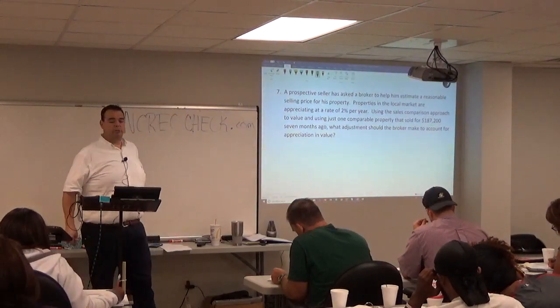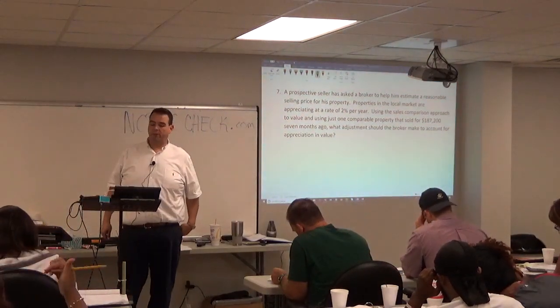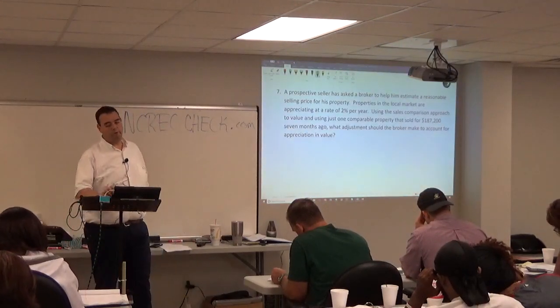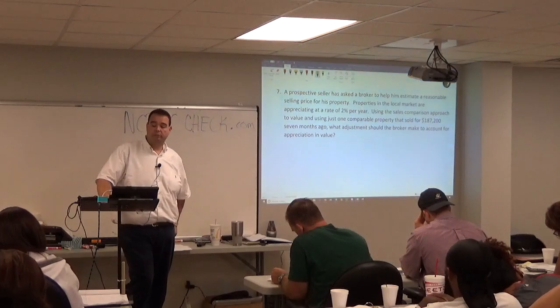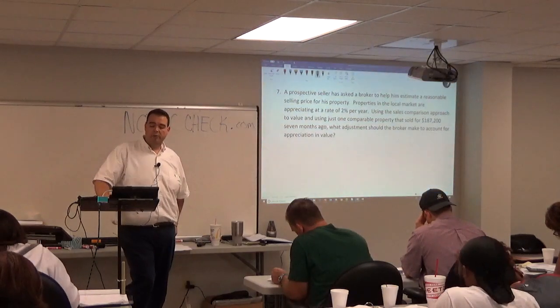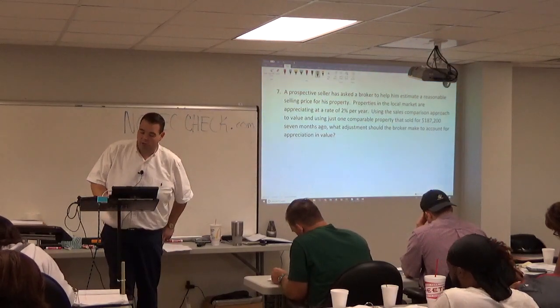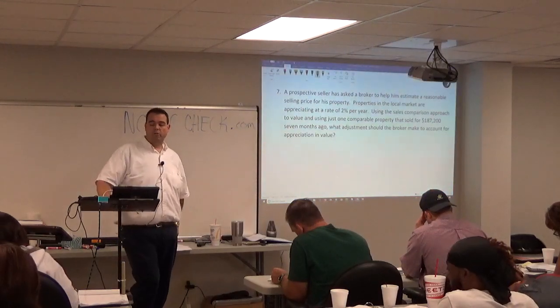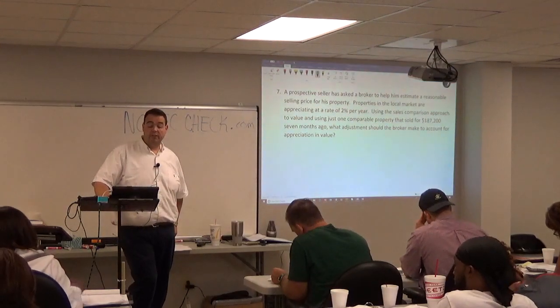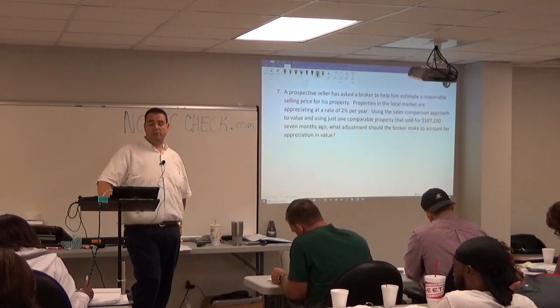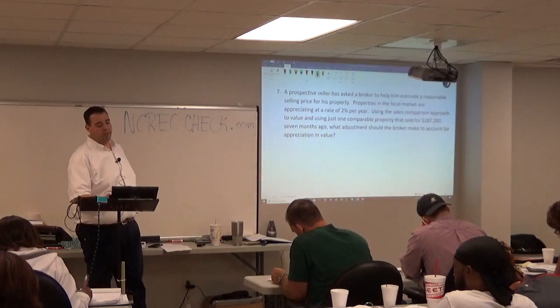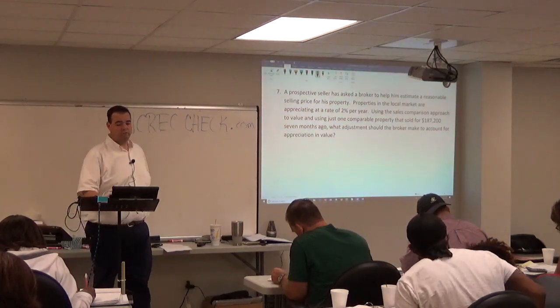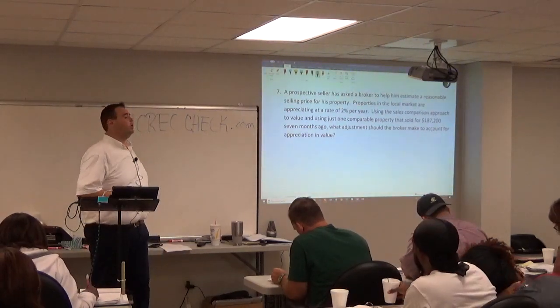Number 7 says a prospective seller has asked a broker to help him estimate a reasonable selling price for his property. Properties in the local market are appreciating at a rate of 2% per year. Using the sales comparison approach to value and using just one comparable property that sold for $187,200 7 months ago, what adjustment should the broker make to account for appreciation in value? All right, so this is appreciation.